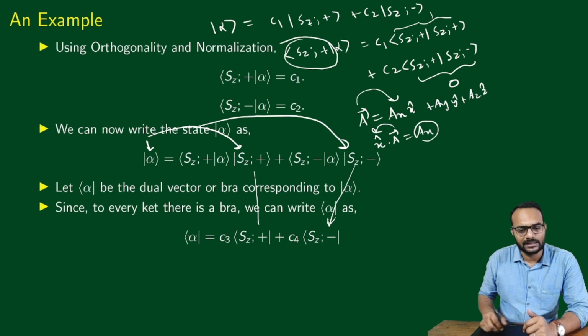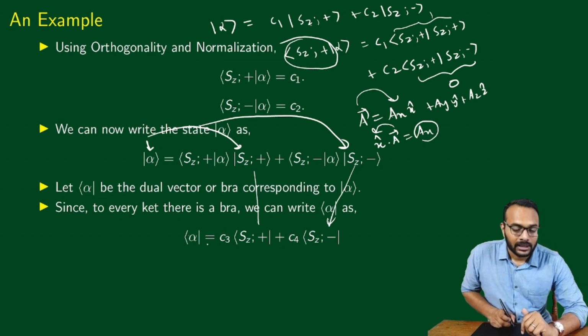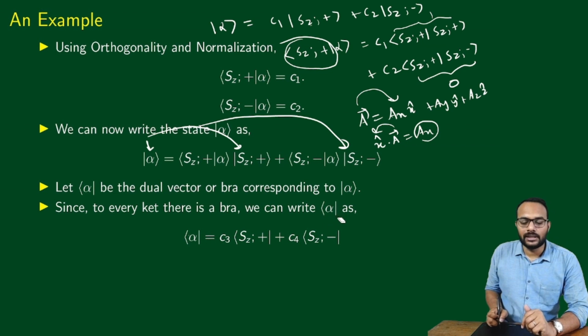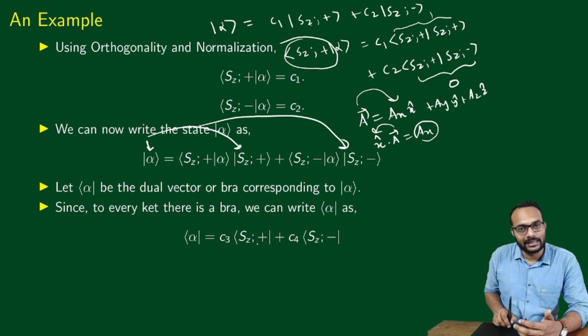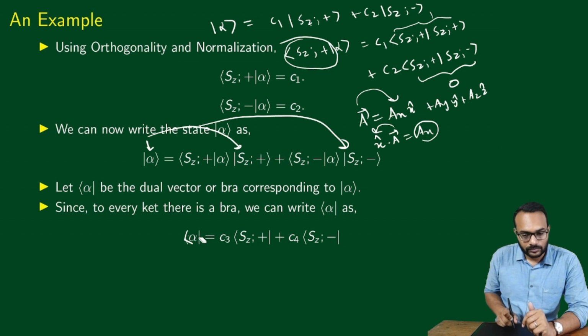bra Sz minus. I'll simply write the expansion coefficients as C3 and C4, because C1 and C2 we have already used before. We don't assume anything yet about C3 and C4. So I am writing bra alpha as a linear combination of these eigen bras.